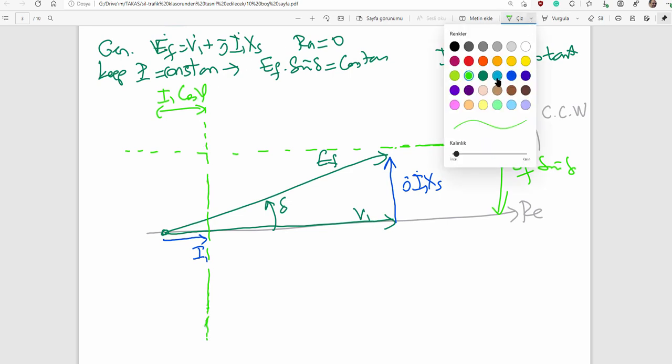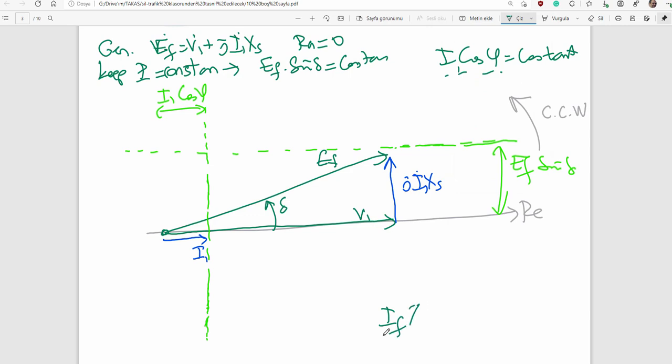Now, ladies and gentlemen, I over-excite the machine, I increase IF. In such a case, EMF will increase, flux will increase.